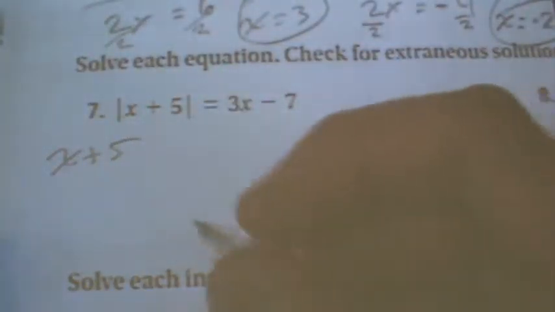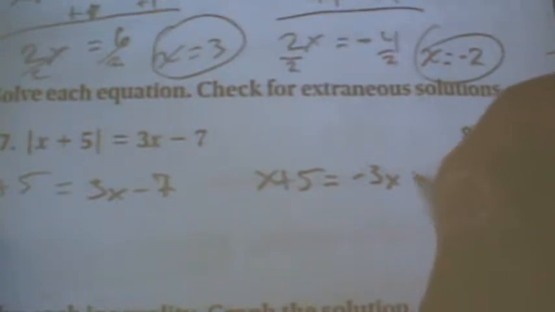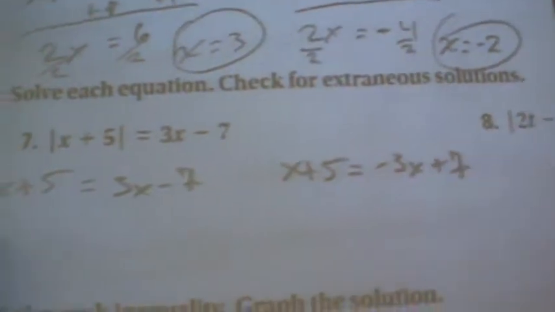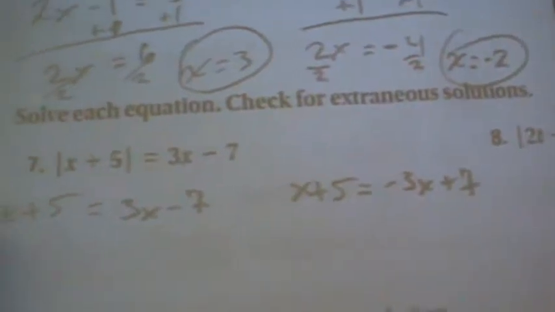So x plus 5 equals 3x minus 7. We're going to rewrite over here. x plus 5 equals negative 3x plus 7. A lot of people forget to do the second value. They just do it to the first one. So it's good to make sure you remember how to do that.